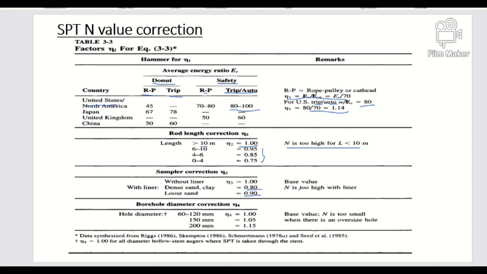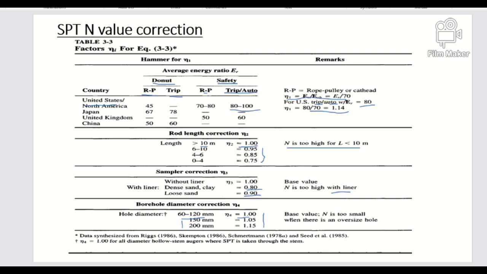N is too high with liner. And another is the borehole diameter where the penetrometer is driven in. If the borehole diameter is 60 to 120 mm, its correction factor is 1. And if it increases, the correction factor will increase.